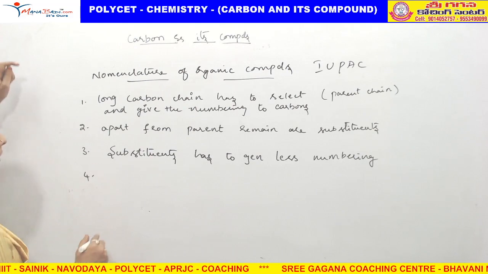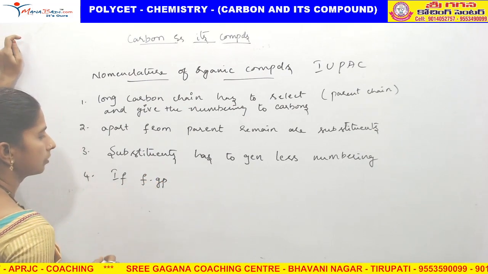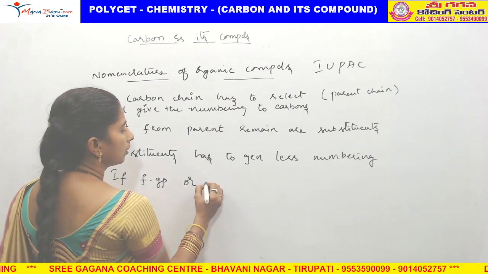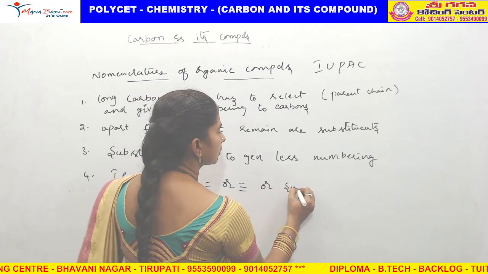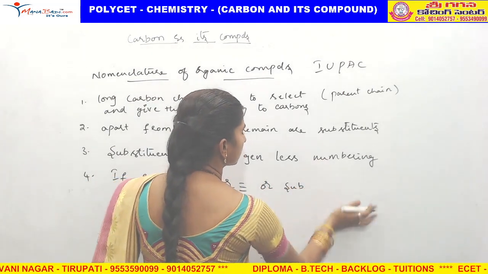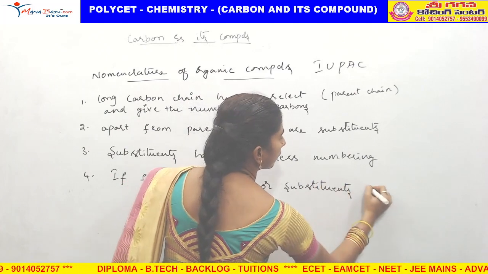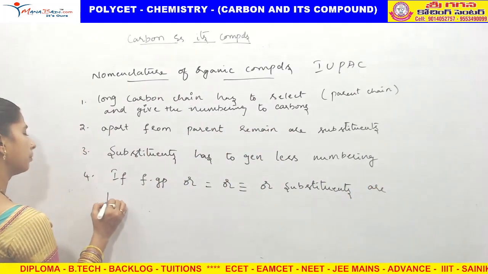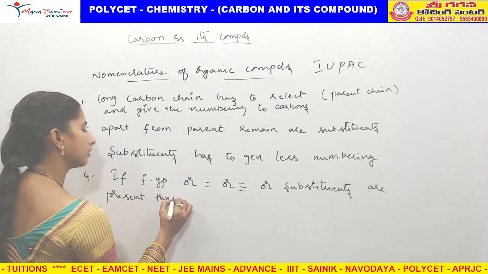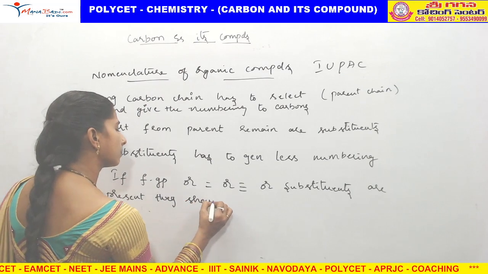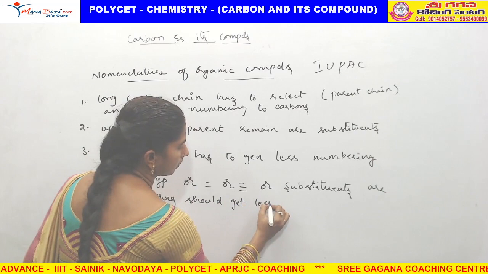If functional groups, double bond or triple bond, or substituents are present, they should get less numbering.